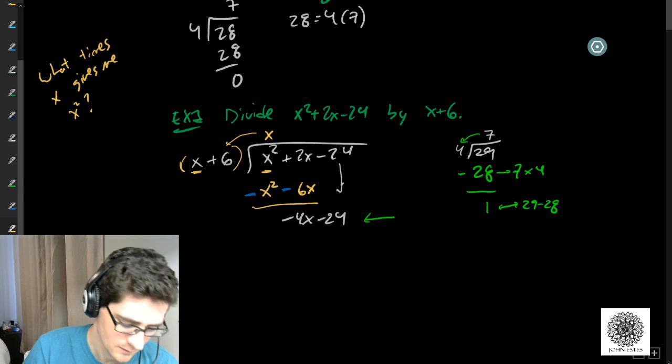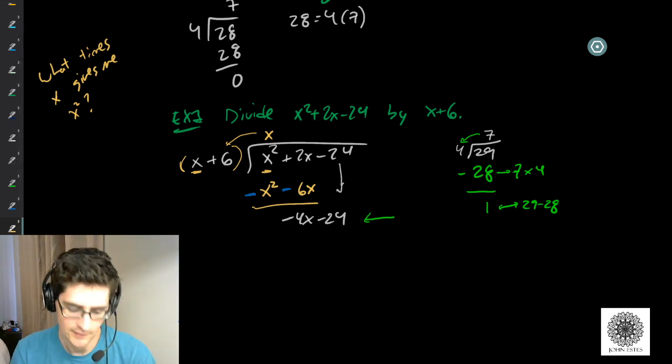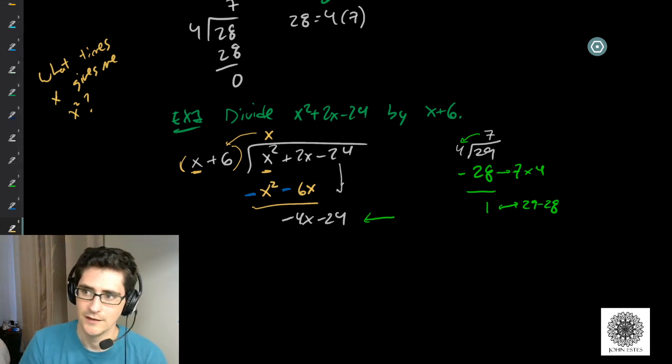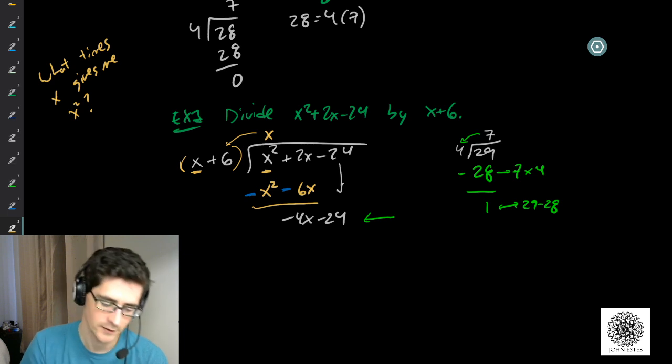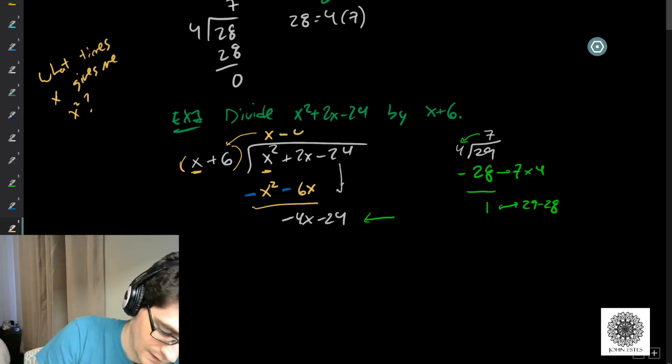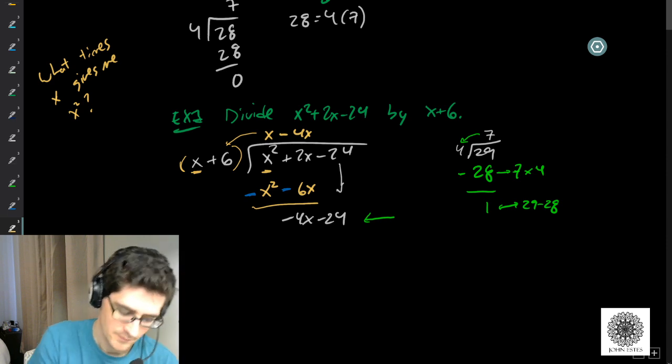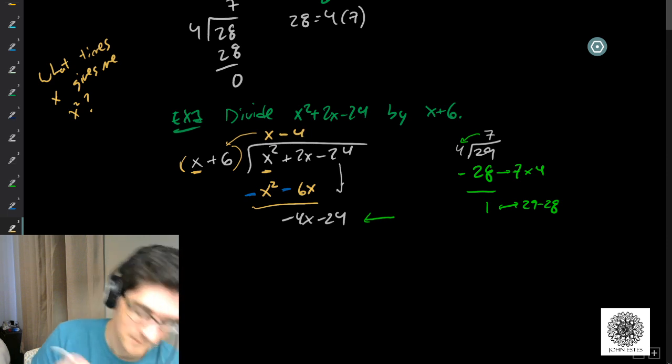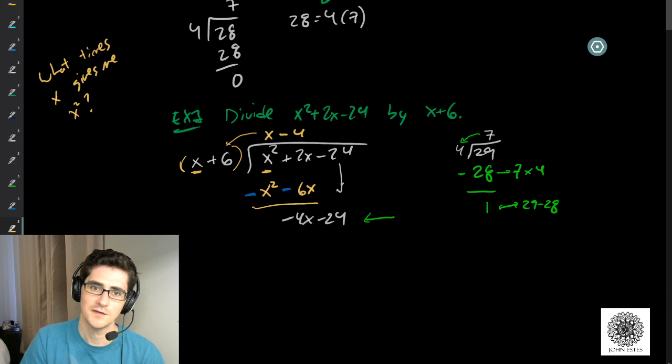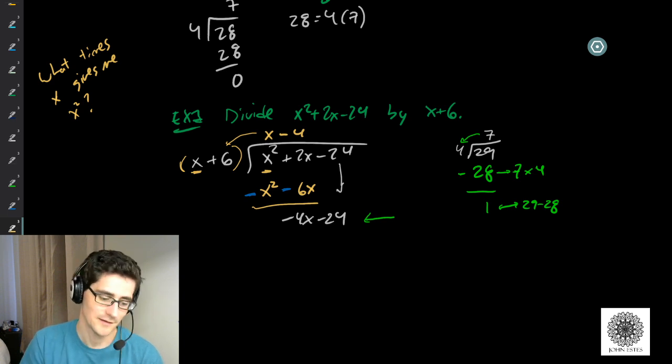What times x gives me negative 4x? No, that's not true. Negative 4, right? Negative 4 times x is negative 4x.